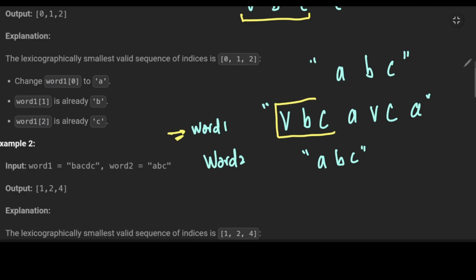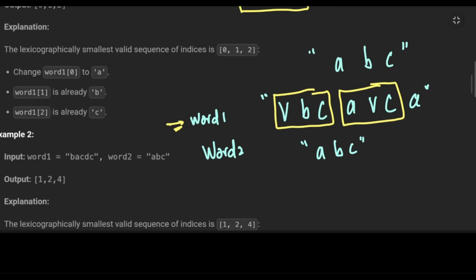We have VBC over here, or we can also have ABC over here. If we observe carefully, this is almost equal to word2 because we can change V to A and these two are equal. Or we can also change this V to B and these two are almost equal.